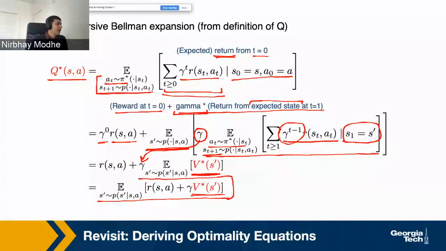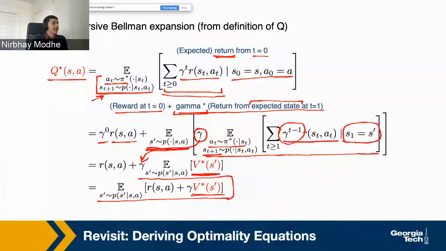I've done a bit of notation abuse because I've written the expectation over actions for all time steps with just one A_t. So this is actually an expectation of actions A_t where t is going from 1 to infinity. And same here, this expectation is over S_{t+1} sampled from this, where t is again going from 1 to infinity. So it's basically an expectation over several random variables right now. What I'm doing here is writing this expectation over several random variables going from t equal to 1 to infinity as firstly just the expectation over the first time step, t equal to 0.